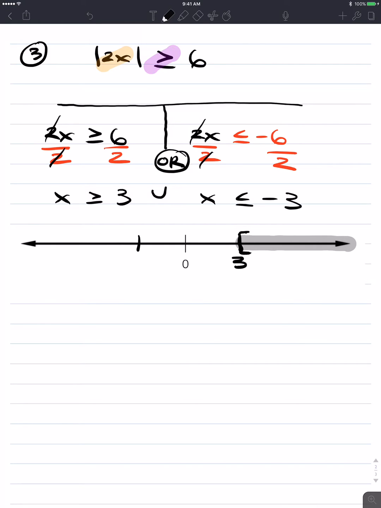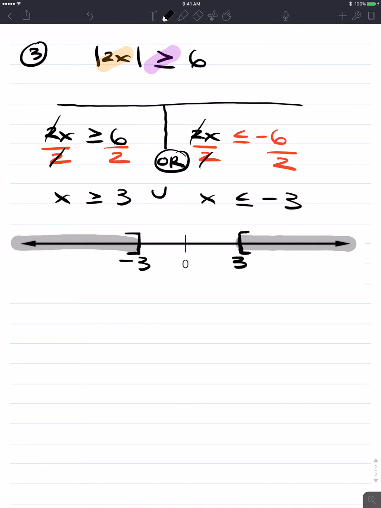On the other side, we have negative 3. And we're going to describe numbers that are less than negative 3. Those are numbers to the left of negative 3. Use our bracket to communicate that we include the negative 3. We have graphed the solution to this absolute value inequality.